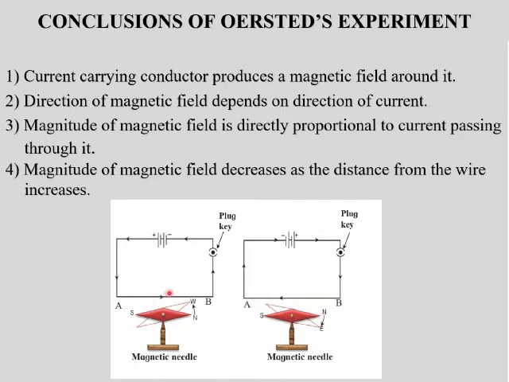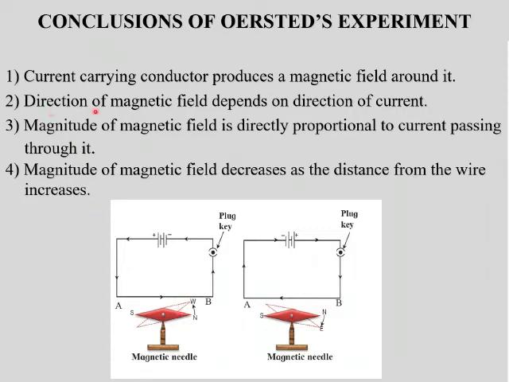Due to the development of this magnetic field, magnetism was induced in the wire, and due to this induced magnetism, the deflection in the magnetic needle was observed.